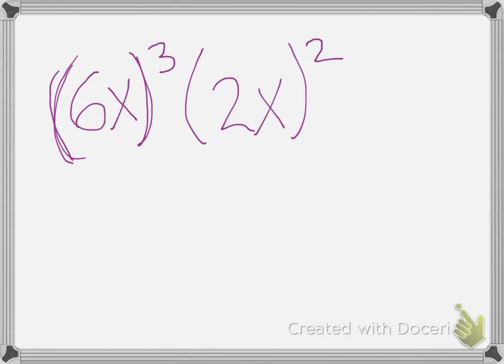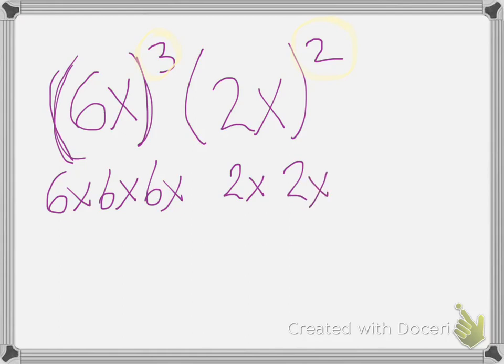I wouldn't do it. I would say, okay, so this 3 means that there's 3 sets. So I would sit there and go 6x, 6x, 6x. This 2 means that there's 2 sets. So 2x, 2x. They're being multiplied together because there's nothing between them.